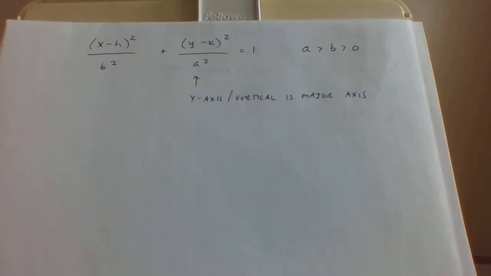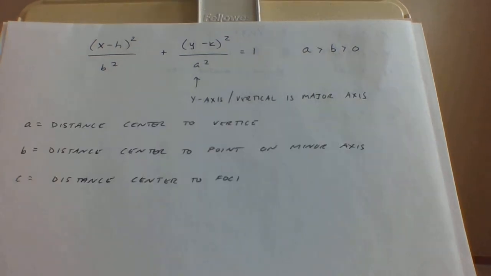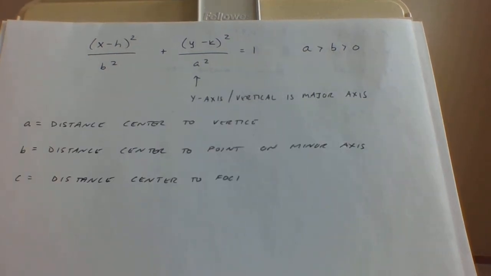All of the other pieces are going to stay the same. A is still going to represent your distance from the center out to a vertex. B is still going to represent your distance from the center out to a point that's on your minor axis, and C is still going to represent the distance from the center out to one of your foci.